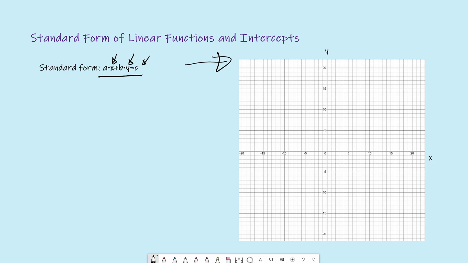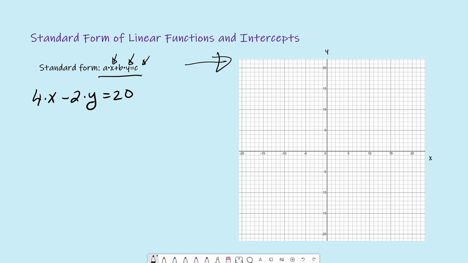So this is not what we're trying to emphasize. An example of a standard form would be, for instance, 4 times x minus 2 times y equals 20. So we can use that example to look for intercepts and then later graph.